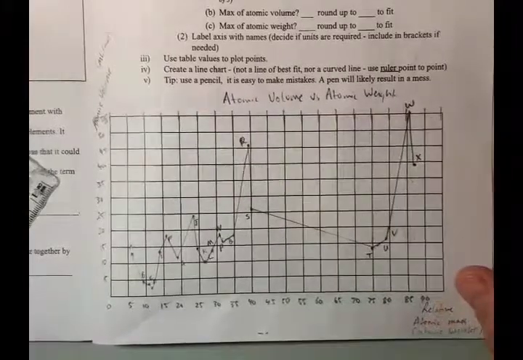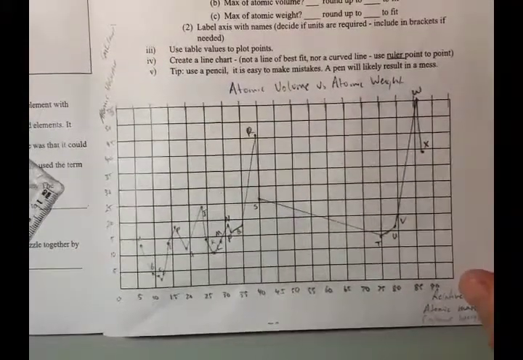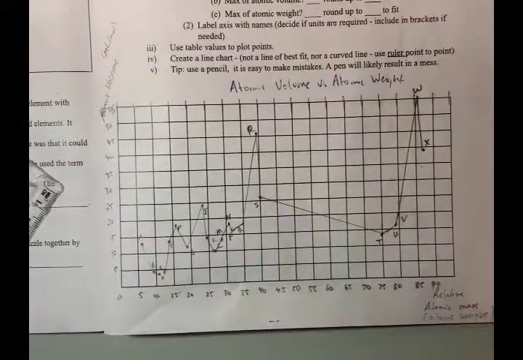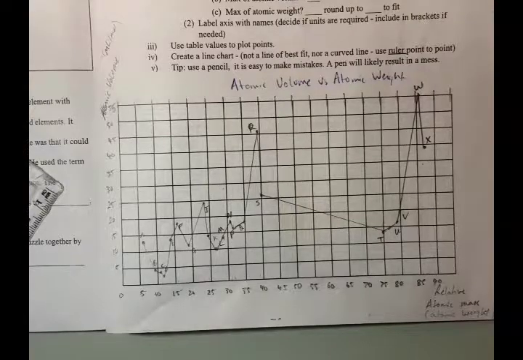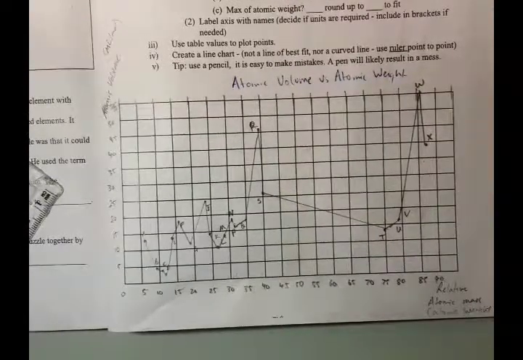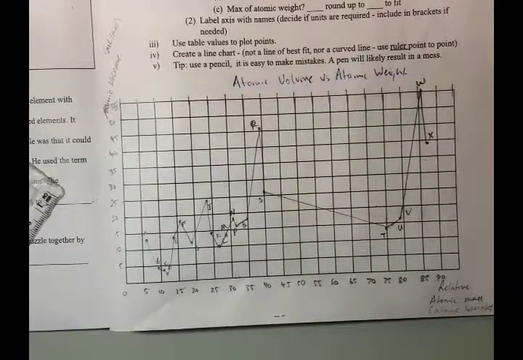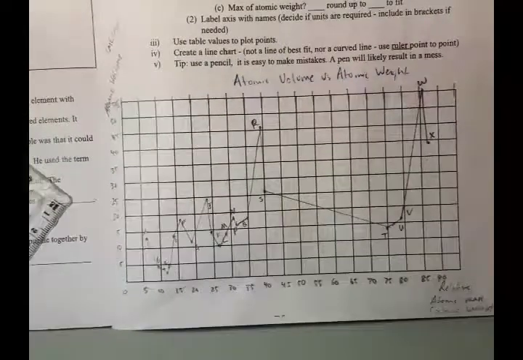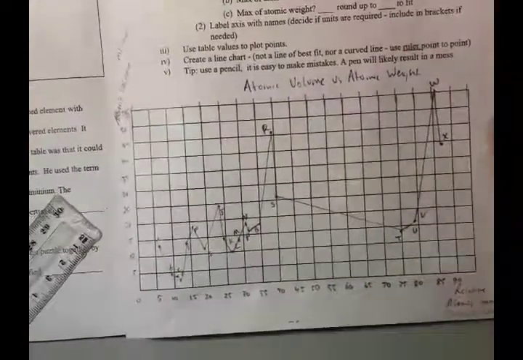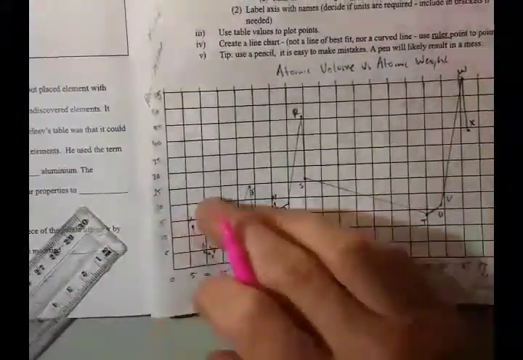Okay, so we're looking at this graph now that we've made, and we're looking for some type of pattern. Now, the pattern that people like Meyer and Mendeleev looked at, they noticed a periodic effect. It's not really clear, because there are some things they chose to ignore.